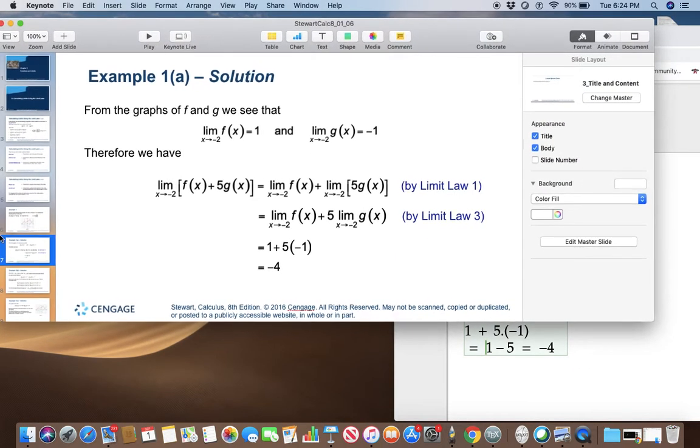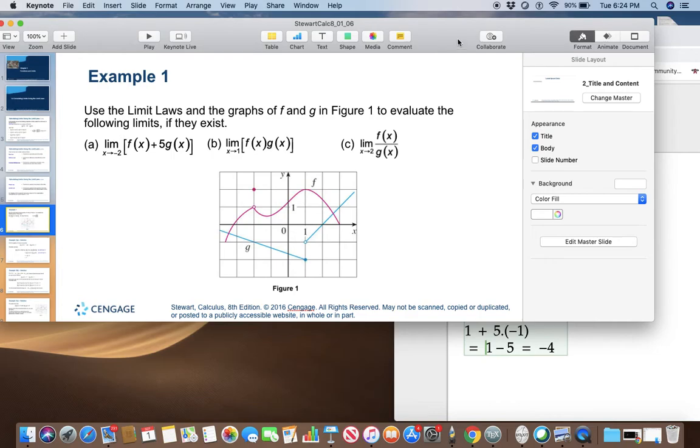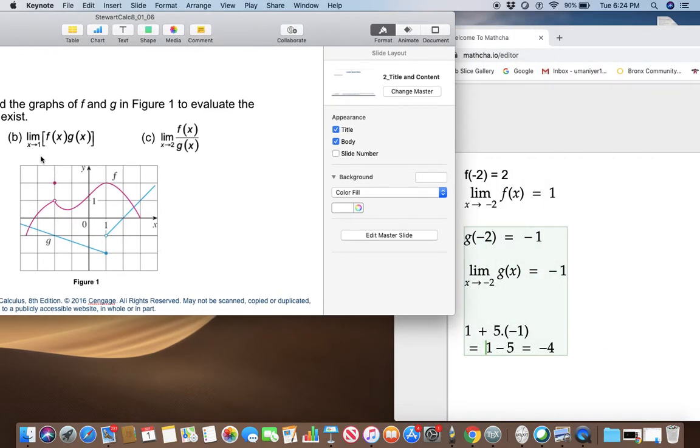All right. What do you think are the second questions? Well, the second question is asking us to find the limit as x approaches 1 of f times g. That's a difficult one. The law does not apply because as x approaches 1, g does not have a limit.